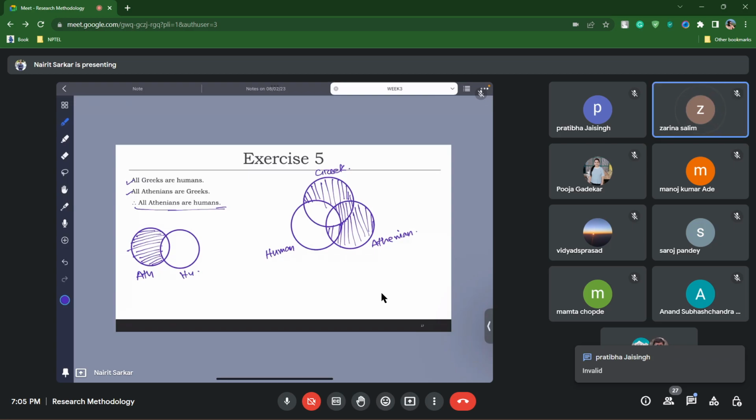Invalid, sir. Why invalid? See, there is an empty space between Athenian and human, right? Empty space means which is not shaded. And here also there is an area between human and Athenian which is not shaded. So is it valid or not then?